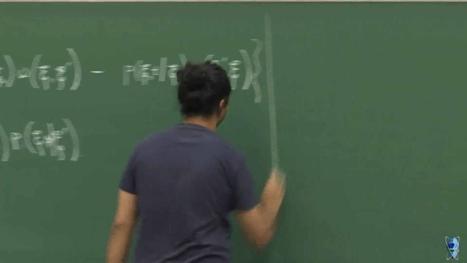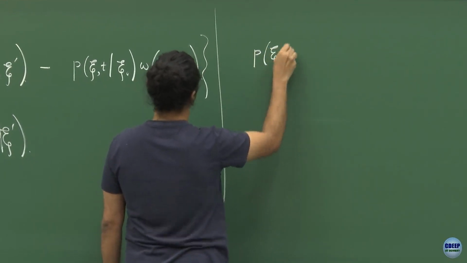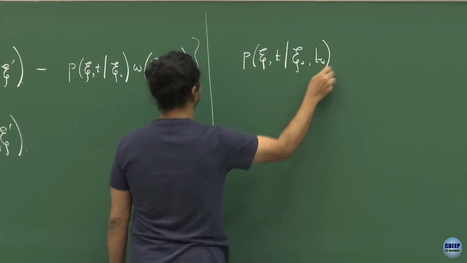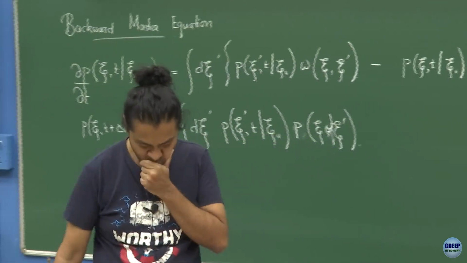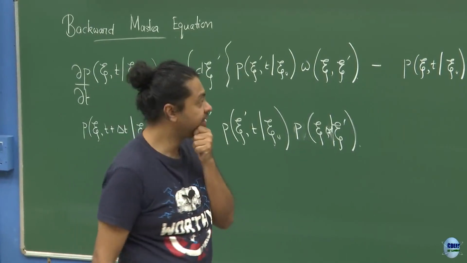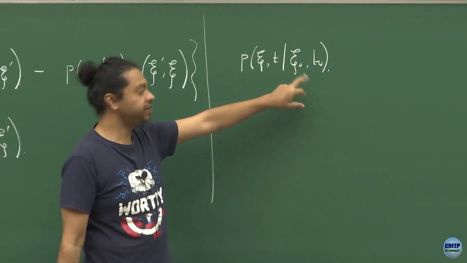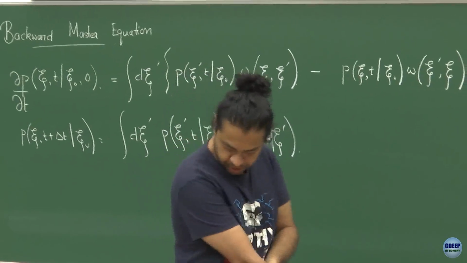P of psi, t, psi naught. Let me explicitly put a t naught, this initial time doesn't matter. And then I consider transitions out of this initial state to some other intermediate state, psi prime. Okay. All right.